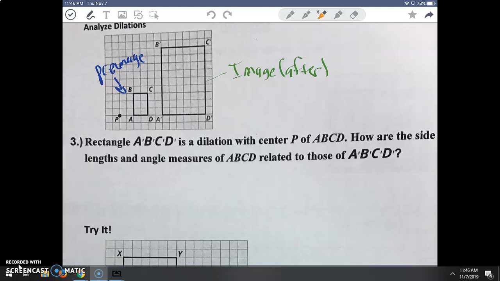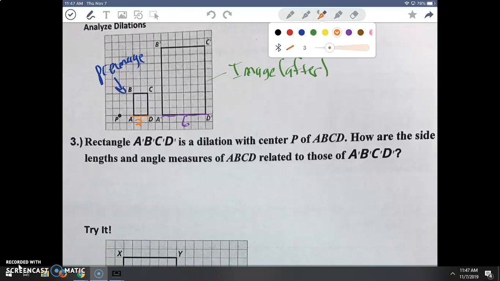We take a look at their sizes. Let's look at the bottom. The AD goes 1, 2 in length. Let's look at the image, the after, and it goes 1, 2, 3, 4, 5, 6. So it is 6.